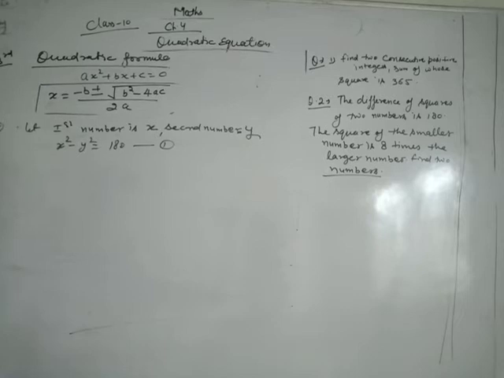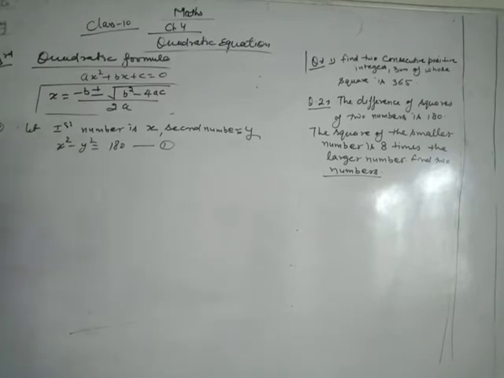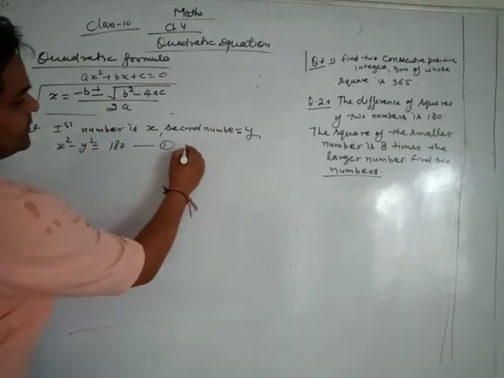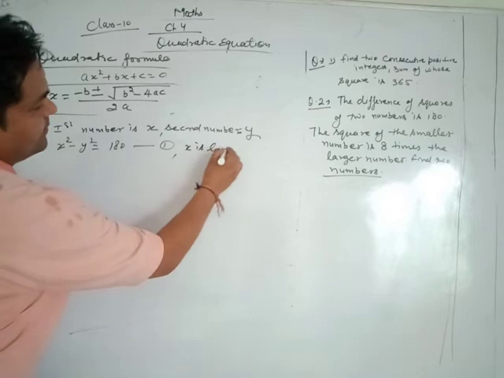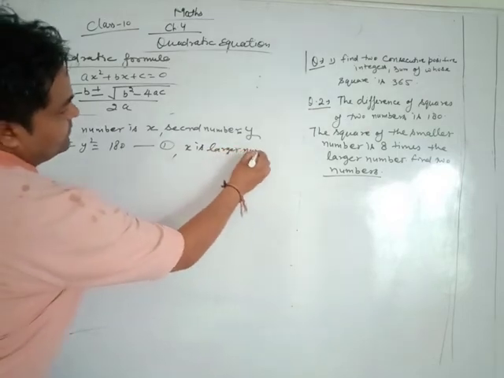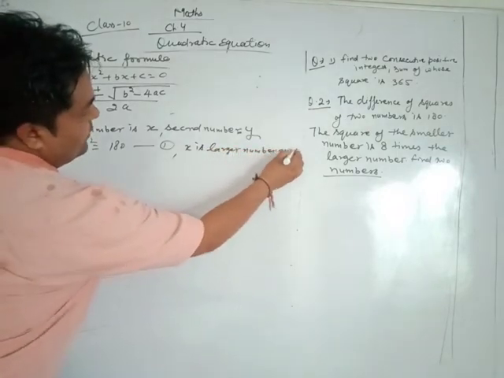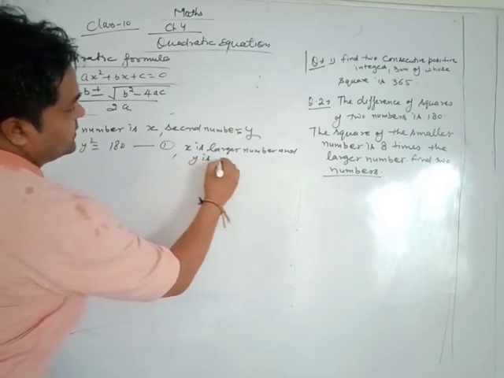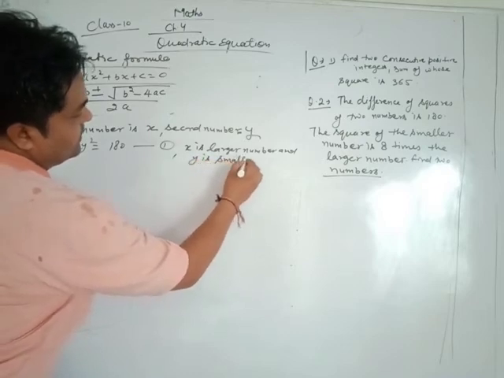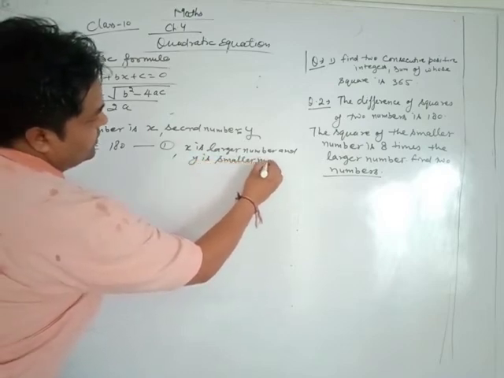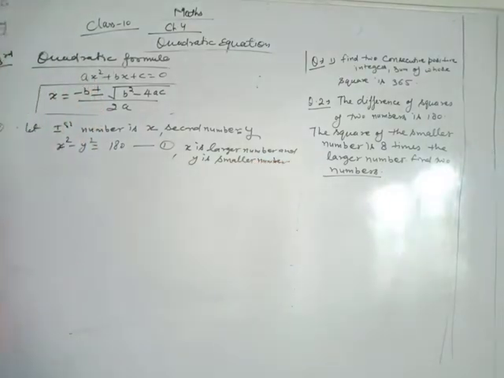the square of the smaller number is 8 times the larger number. So here x is the larger number, and y is the smaller number. How can you solve it?